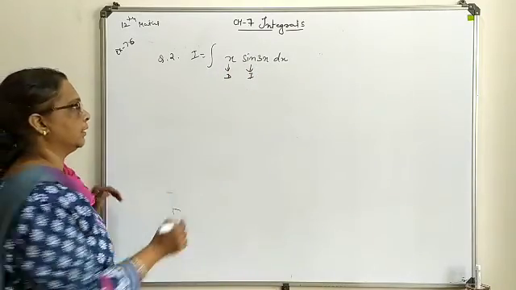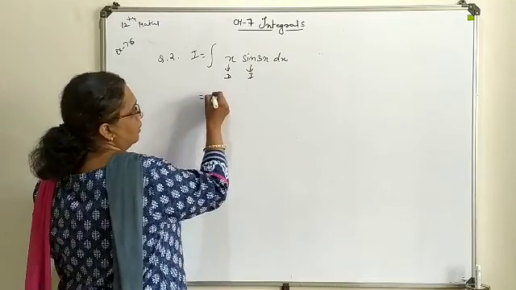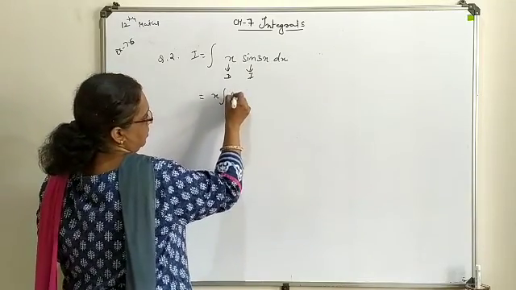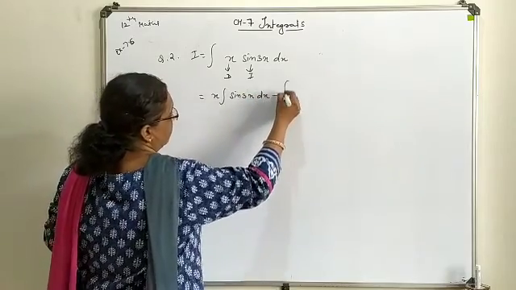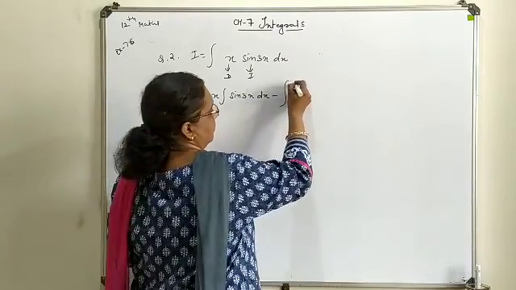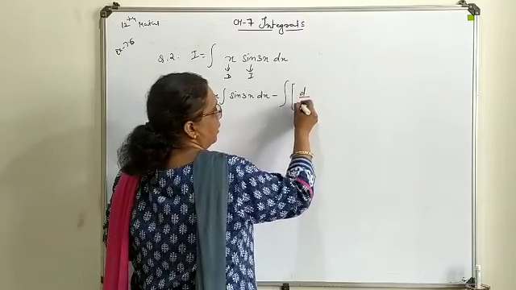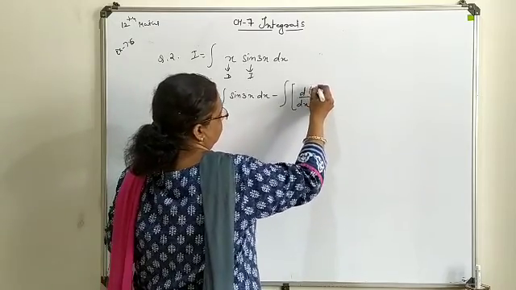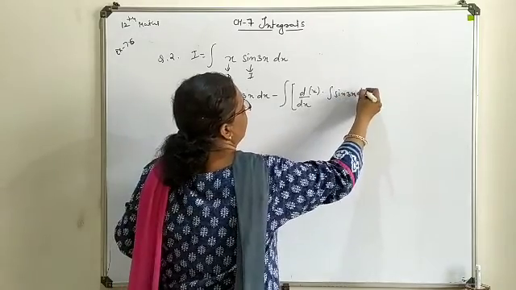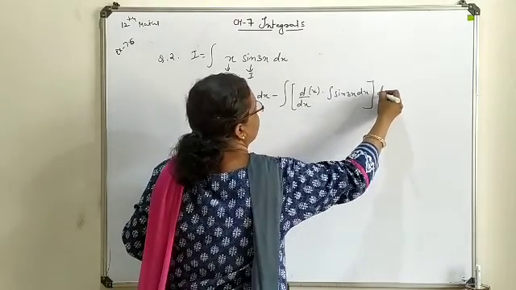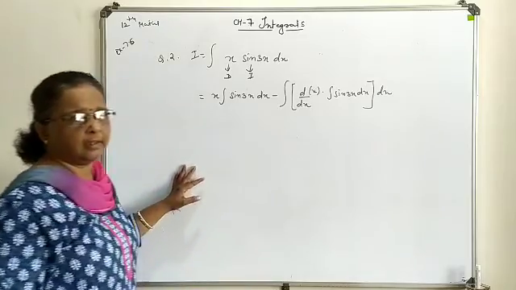Now implement the method. This is x, keep as such, sine 3x for integration minus, make a big bracket, differentiation of x, integration of sine 3x, and along with this integrating sign it is dx.